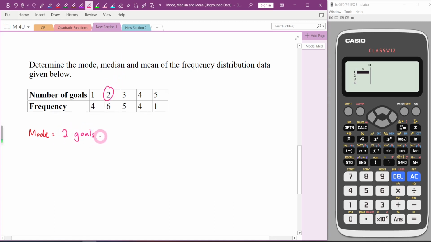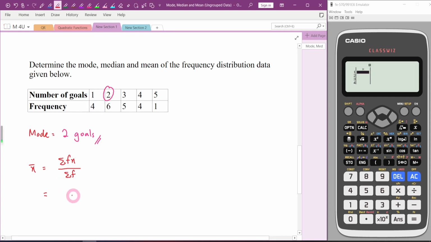So this one you need to be more careful. Okay. Now, how about mean? Let me just use a symbol x bar. So this time you will see I write another formula, but it's actually the same thing. Since we have 4 times of one goal, we don't have to write 1 plus 1 plus 1 plus 1, 4 times, right?